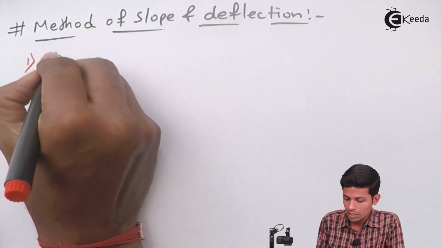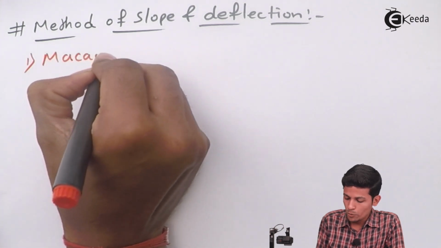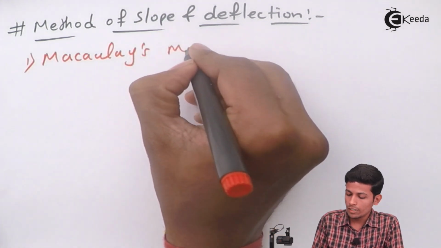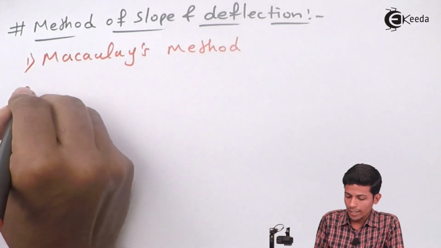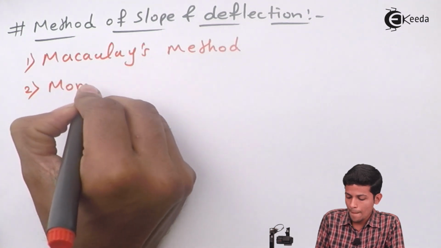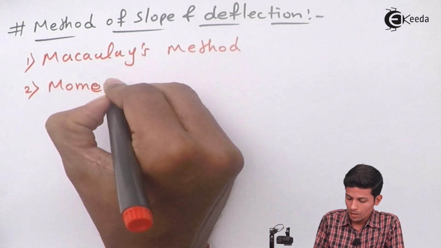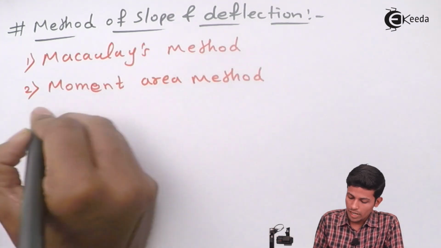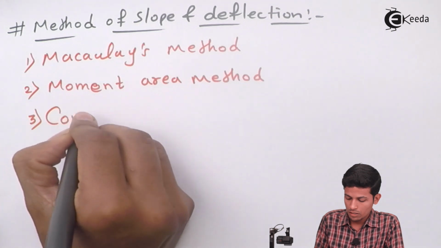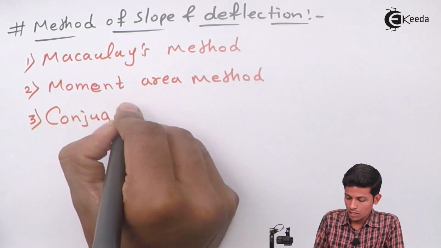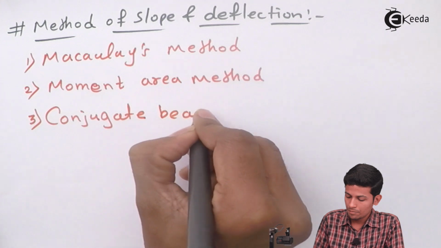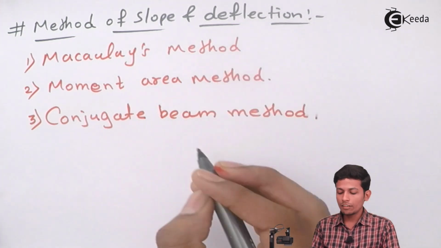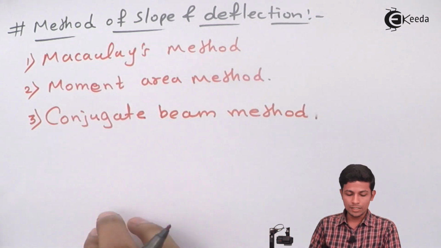The first one is Macaulay's method, the second one is moment area method, and the third one is conjugate beam method. Of the three, today we are seeing the first one, Macaulay's method.